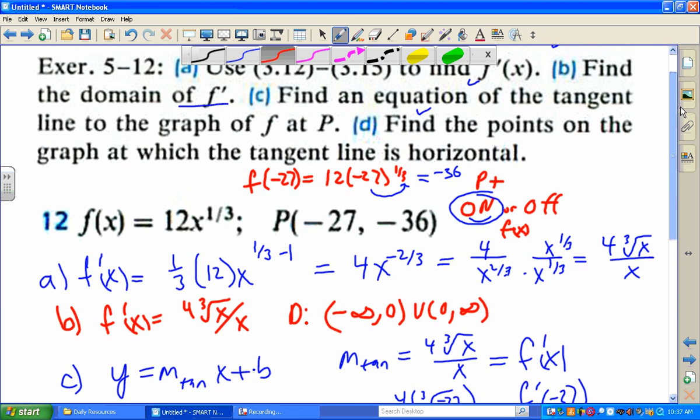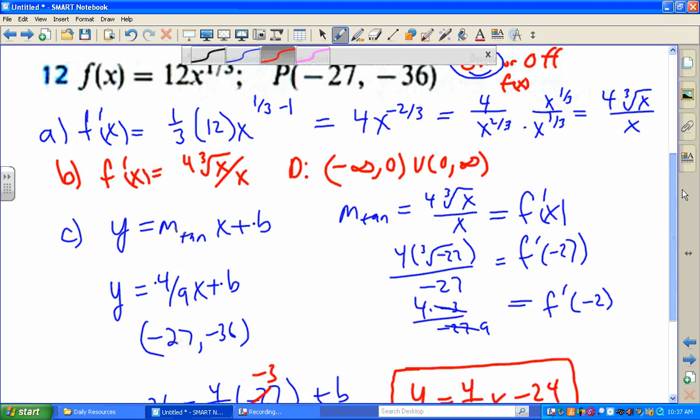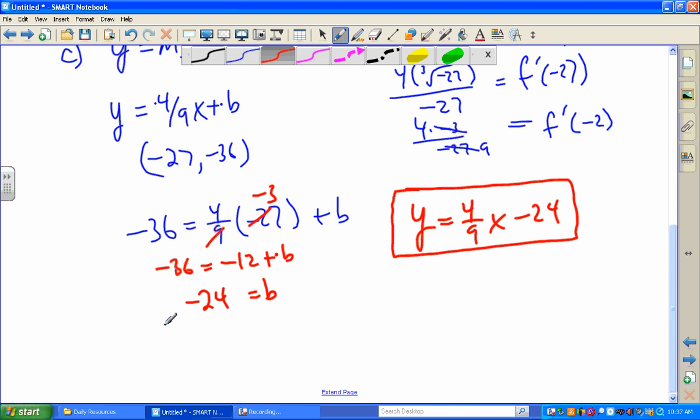And finally, find the points on the graph at which the tangent line is horizontal. Well, for part D, when would 4 times the cube root of x over x equal 0, because that's the derivative? I say in this case, there won't be any. The only thing to make the numerator equal 0 is when x equals 0, and that's not in the domain.